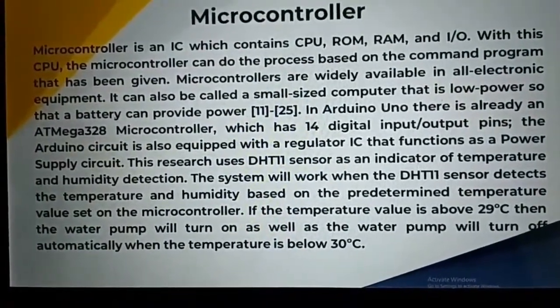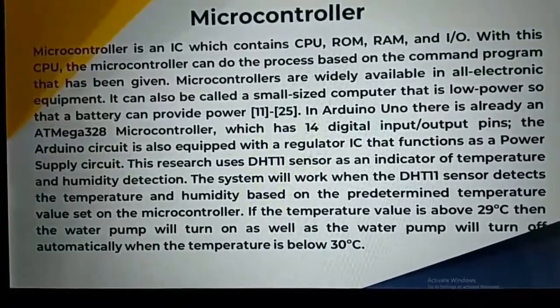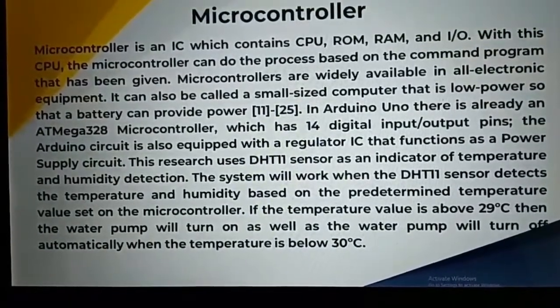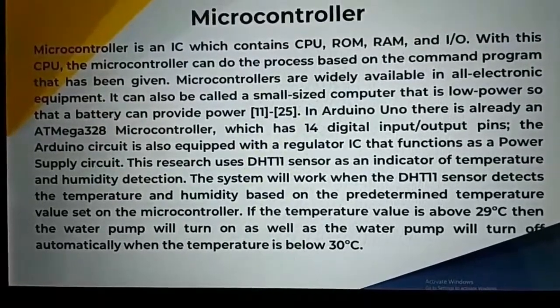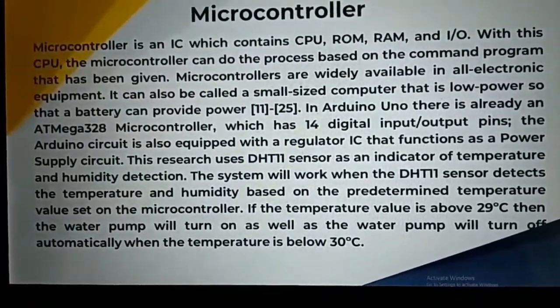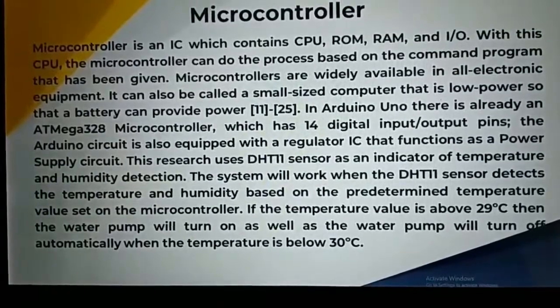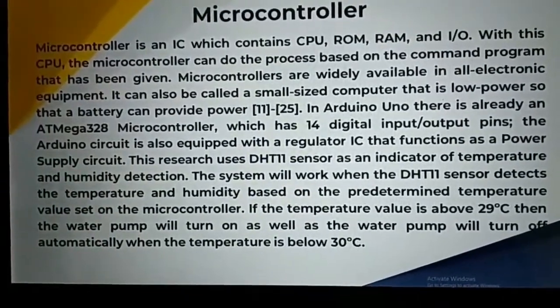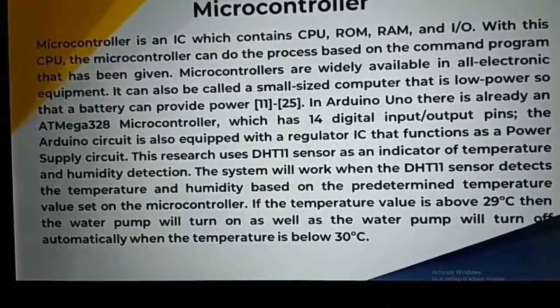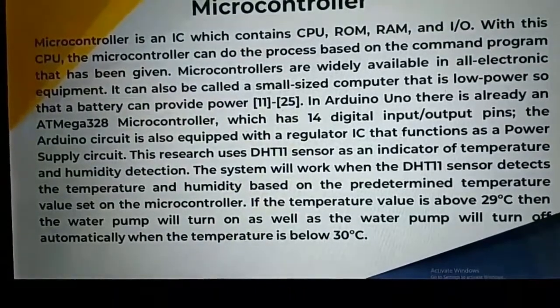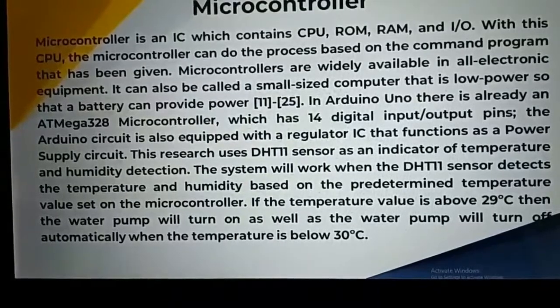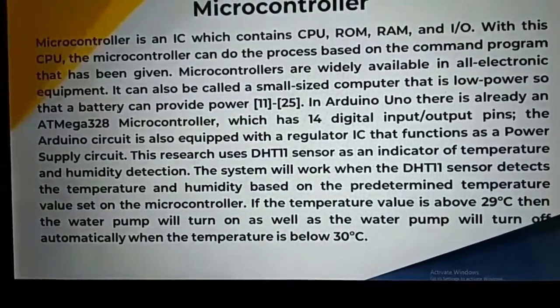In Arduino Uno, there is an ATmega 32H microcontroller, which has 14 digital input or output pins. The Arduino circuit is also equipped with a regulator IC that functions as a power supply circuit.